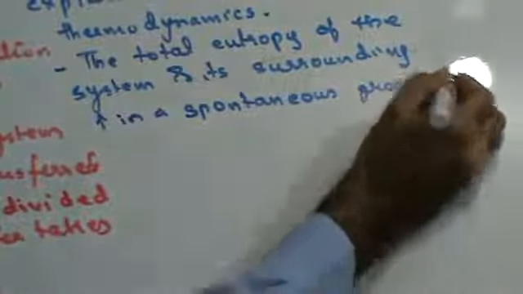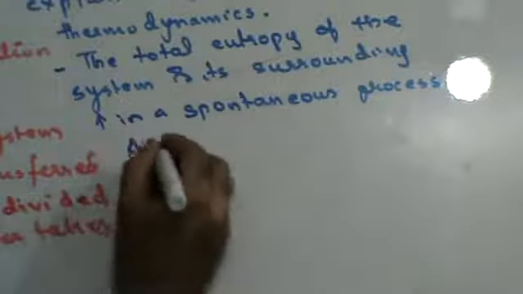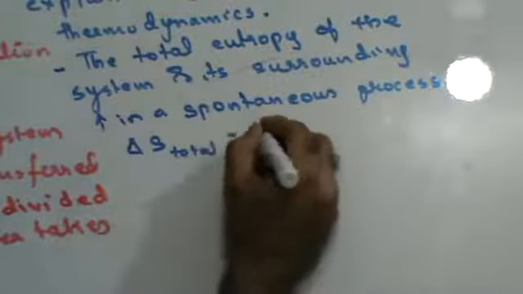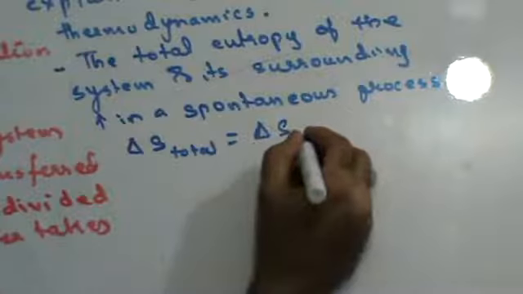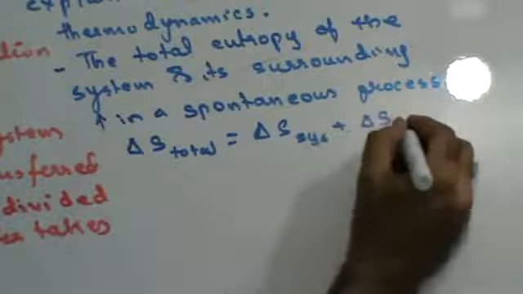That is what my thermodynamic second law states. That means I can say that the total entropy of the universe is the entropy of the system and the entropy of the surrounding.